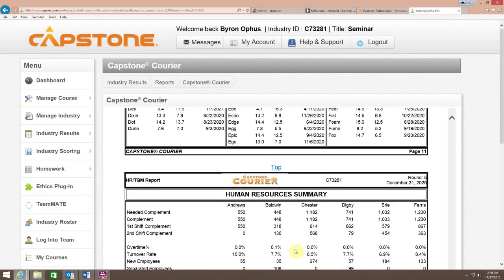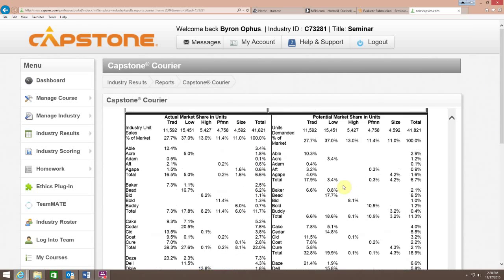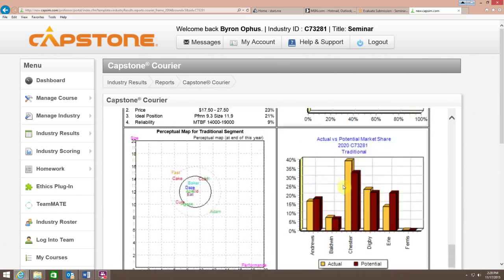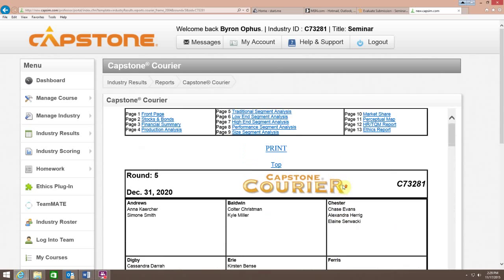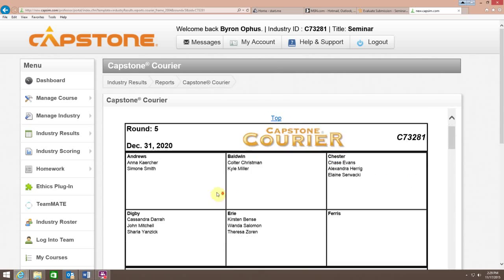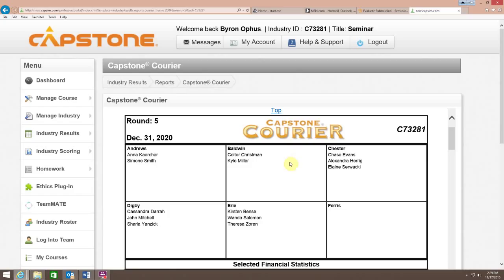Yeah, the game is shaping up. I'm going to be interested to see, the four teams, Andrews, Baldwin, Chester, and Digby, have dug themselves a bit of a hole. I don't think that it's a hole that you can't get out of. I do think you can probably ease your way out of there, but it's going to take a little bit of work. So, be interested to see if they're able to do that.